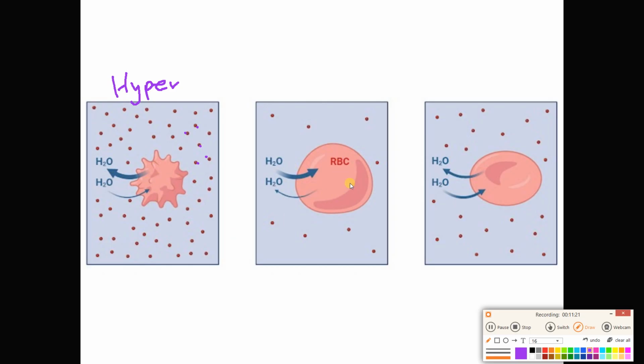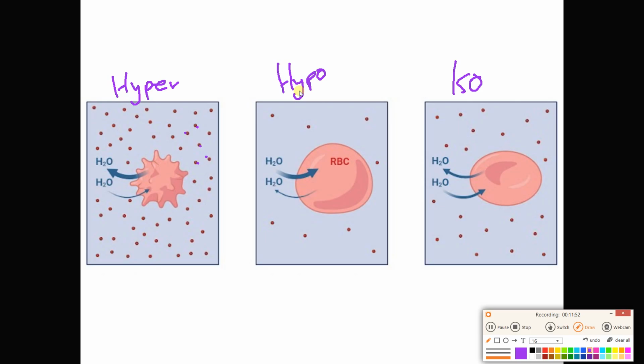In this situation, the cell is getting bigger, so this is going to be my hypotonic solution. Fewer particles outside, more particles inside, so water goes in. The cell is enlarging here. And lastly, I got equal amounts of water going in and out, so the particle concentrations are the same, cell size is staying the same, and this is going to be iso.